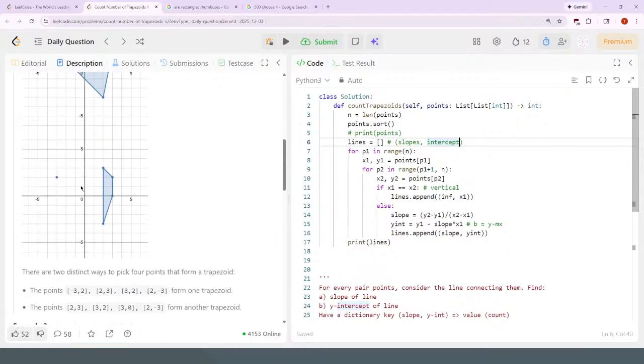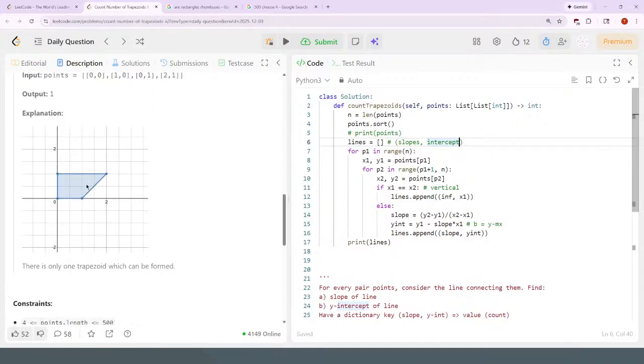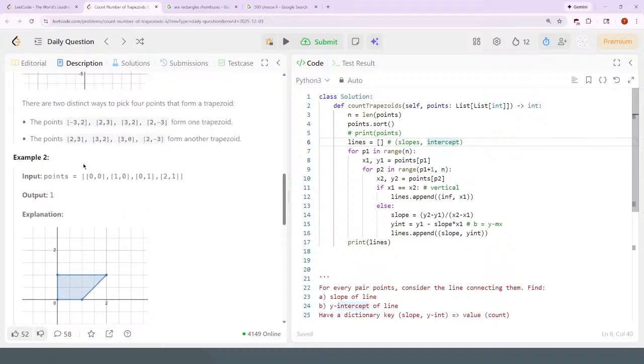If only there's a guarantee that there are no parallelograms that could be generated with these points. There are two distinct ways to build 4 points.